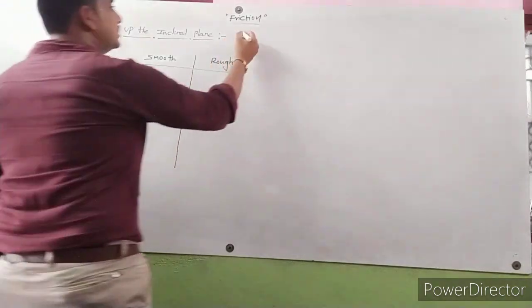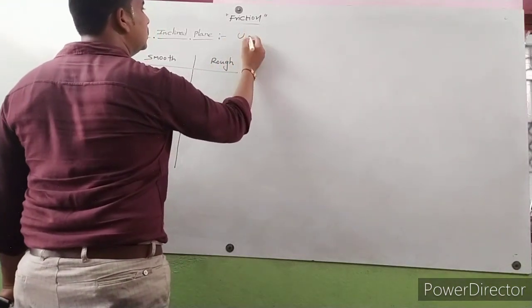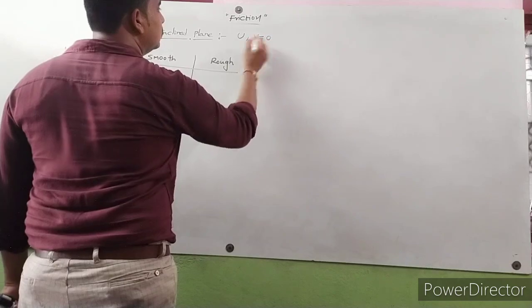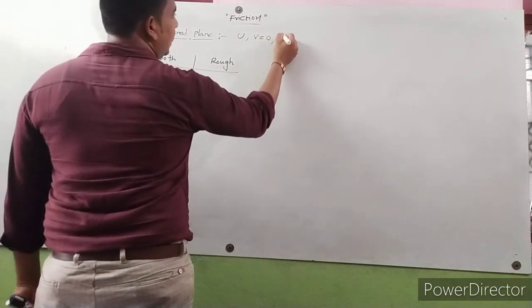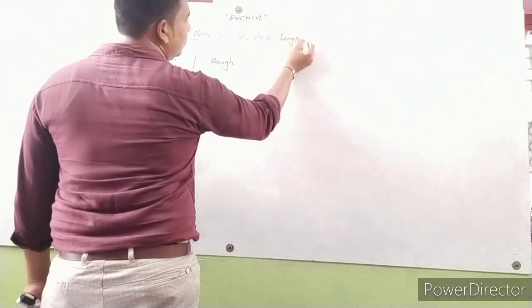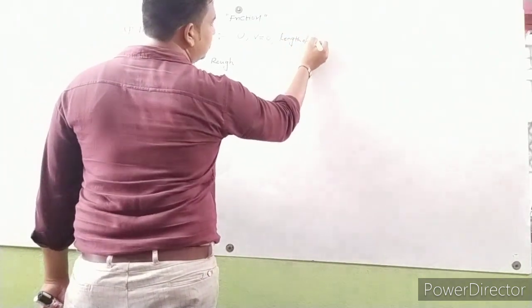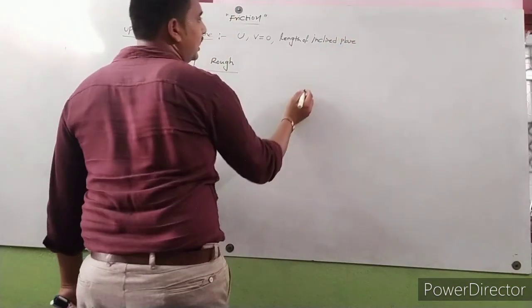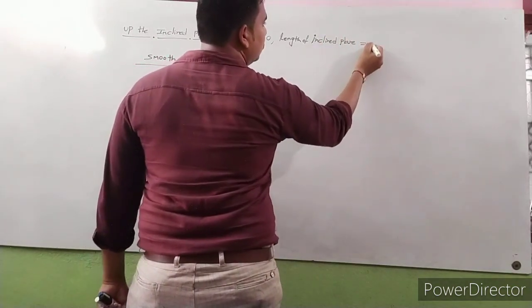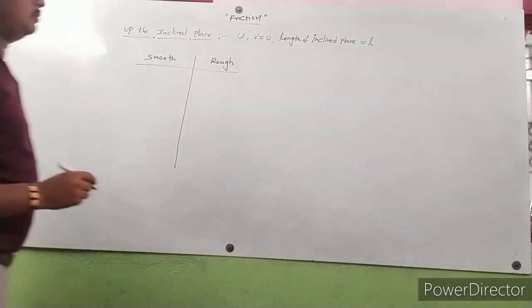Its condition is initial velocity is u, final velocity is 0. The length of the inclined plane is equal to L.